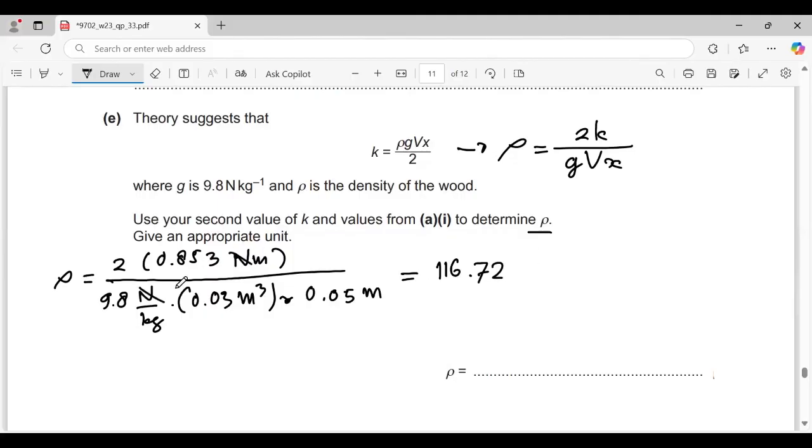Newton divided by newton, meters divided by meters, leaving kilograms. So the result, rho, is 116.72 kilograms per meter cube.